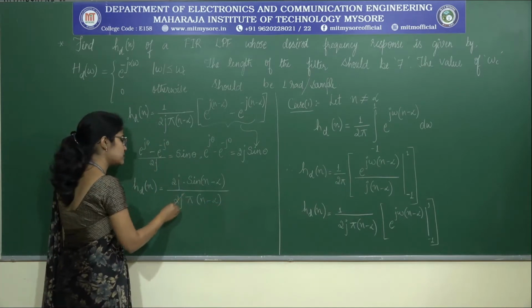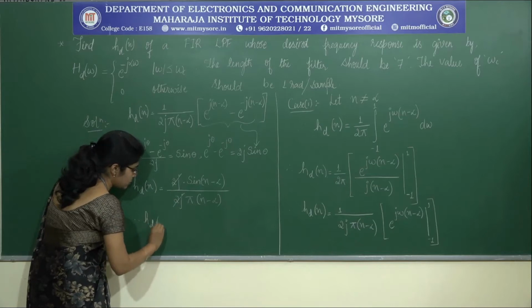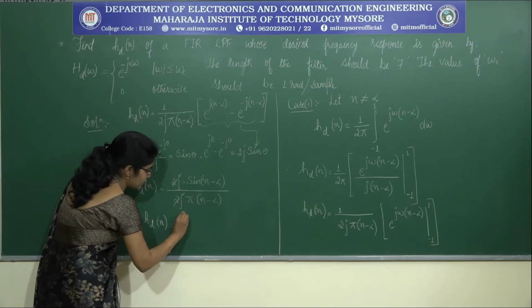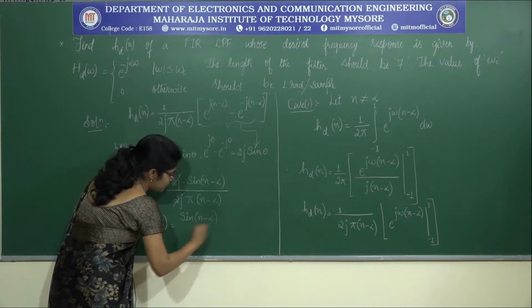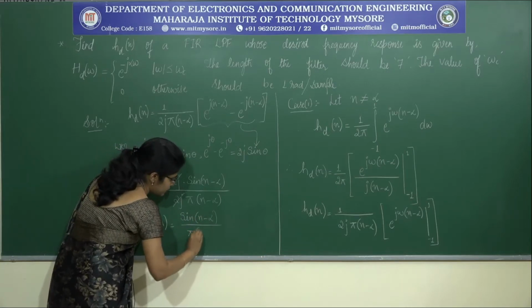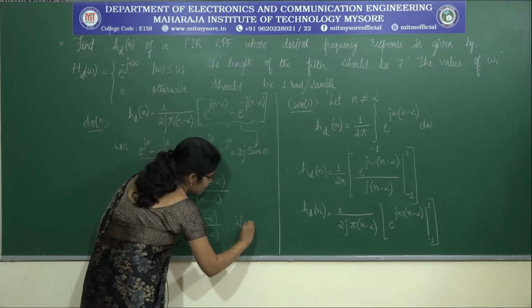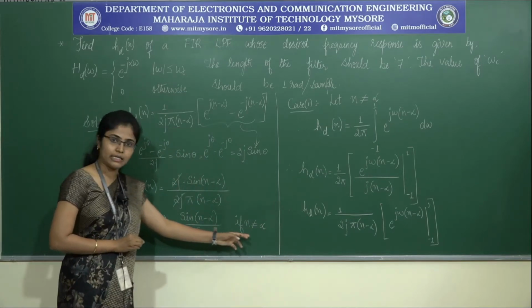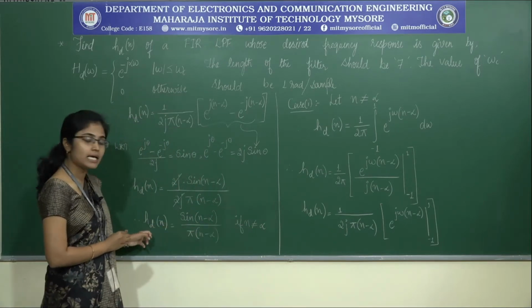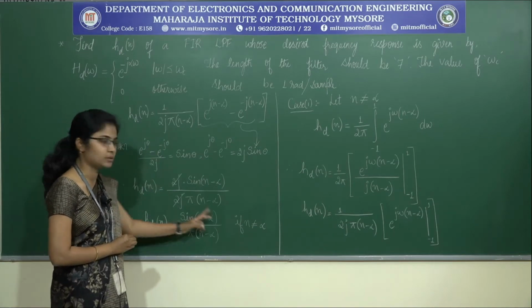So, now if we cancel 2j with 2j, therefore, hd of n will be equal to sine (n minus alpha) divided by pi into (n minus alpha) if n is not equal to alpha. If this is the condition, then the desired impulse response for a given FIR filter will be this one.